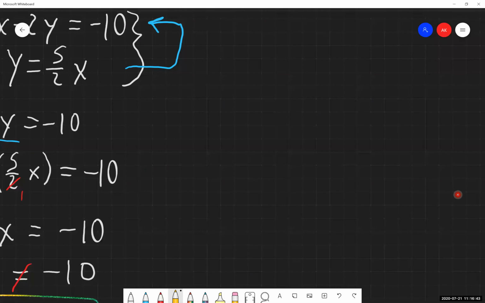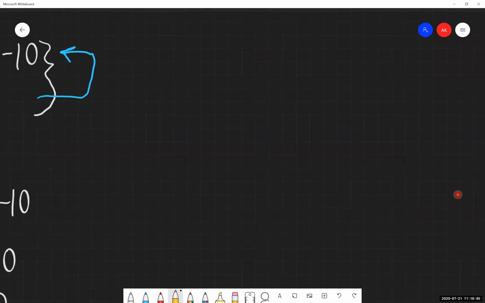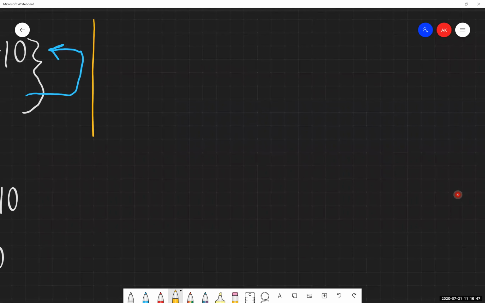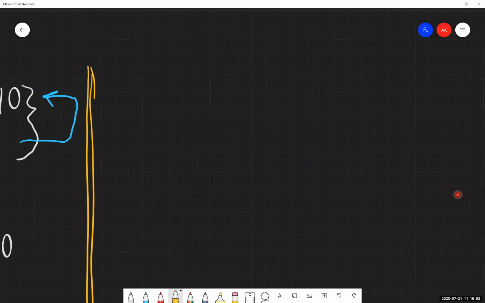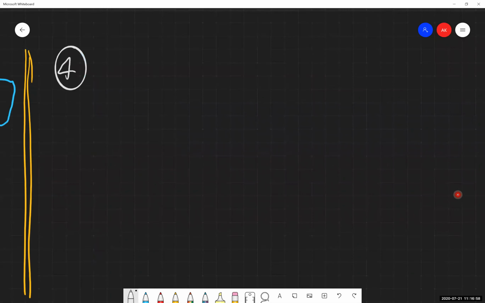Let's take a look at our fourth instance, which you guys can probably put together, have a good idea of what this is going to look like, but we'll go through it all the same. So the equations we have been given for our fourth example, we have 2x minus 3y is equal to 12.